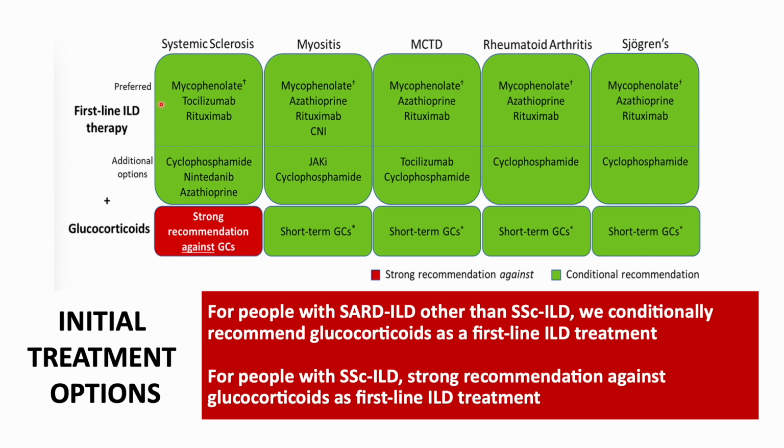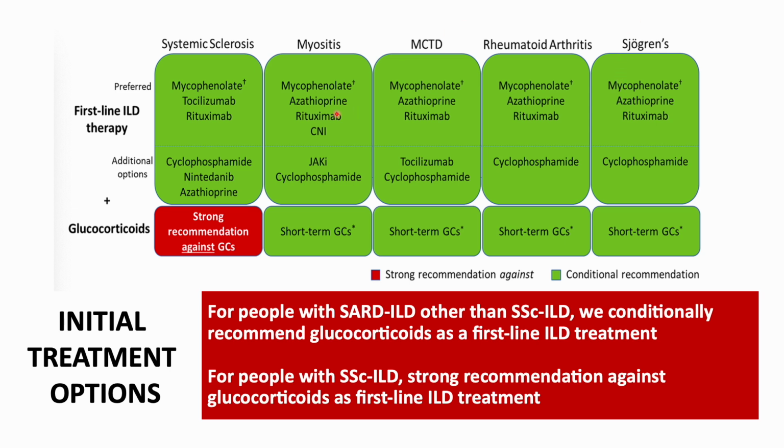So one should try to choose from the preferred group and then add additional options if needed. The preferred group for most of the ILDs, like you see here, is mycophenolate. So mycophenolate has been conditionally recommended over all the other therapies in almost all SARD ILDs.